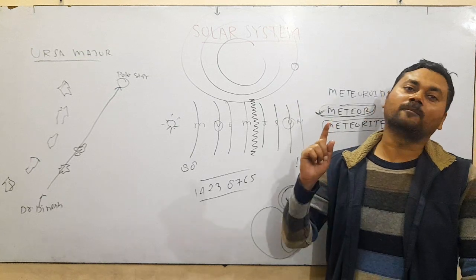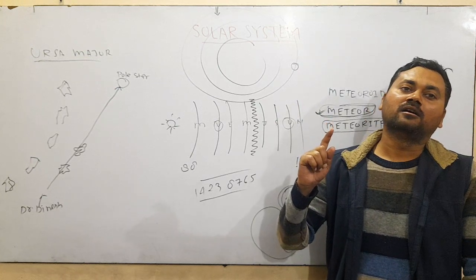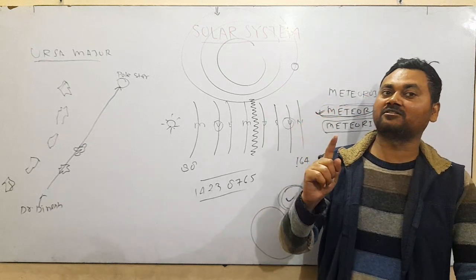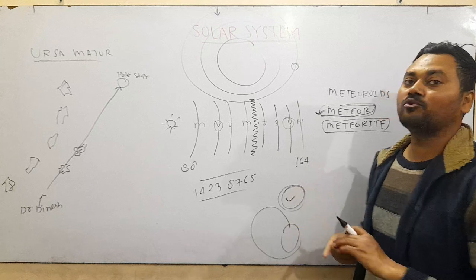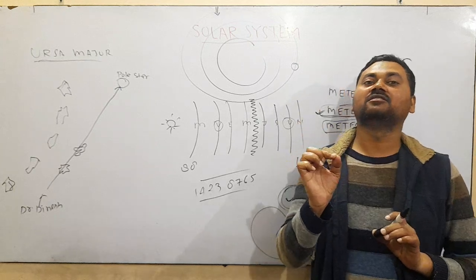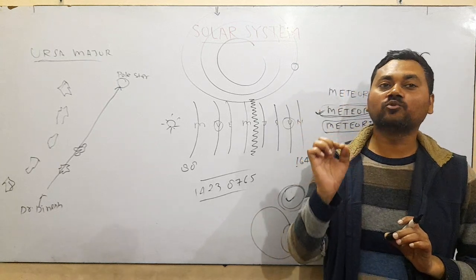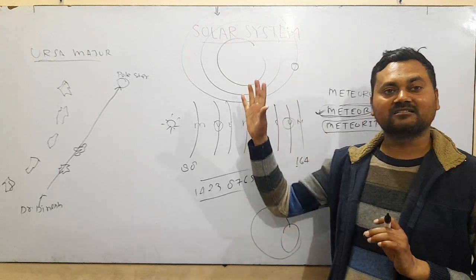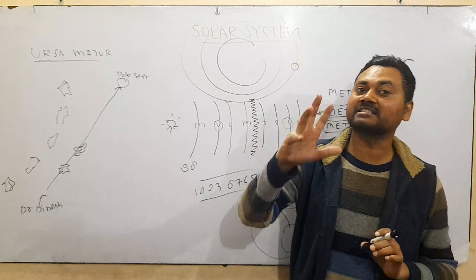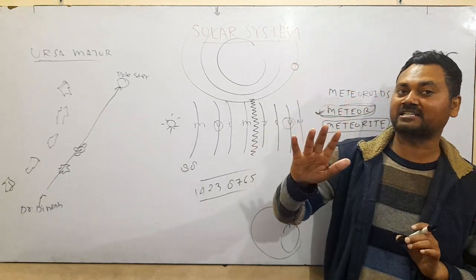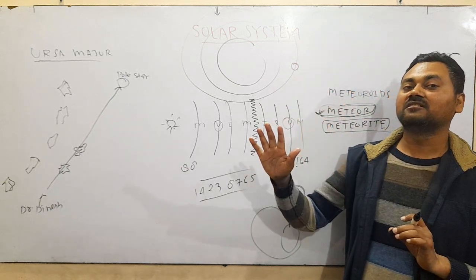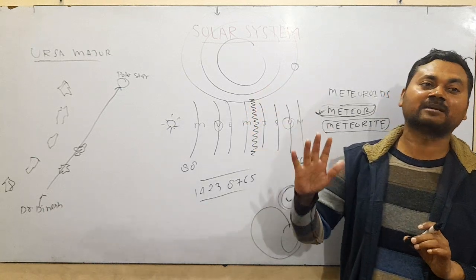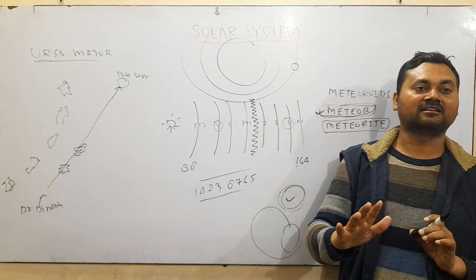And if Pluto had been accepted as a planet on that particular day, believe me, Pluto was not the only body which was not fulfilling the third condition. There were some other celestial bodies as well. If Pluto had been accepted, it means other celestial bodies would have also been accepted as a planet.